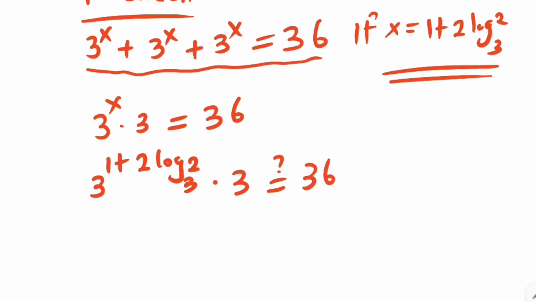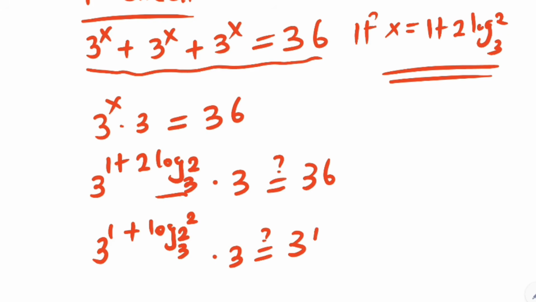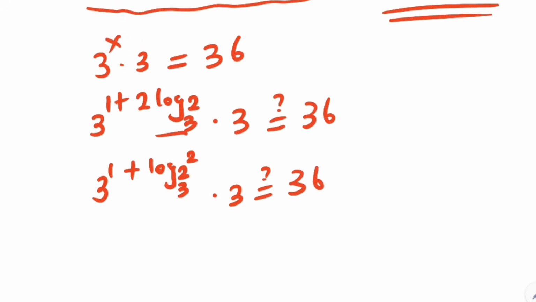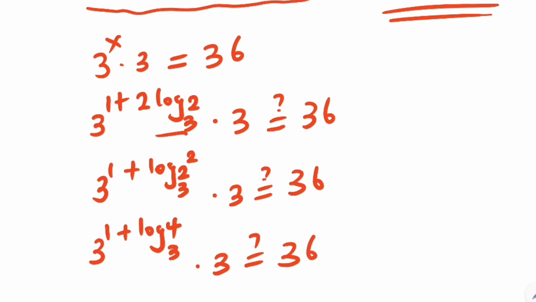And this is 3 raised to power 1 plus, this can be written as, log 2 square base 3 multiplied by 3 must be equal to 36. And this is 3 raised to power 1 plus log 2 square, that is 4 base 3 multiplied by 3 must be equal to 36.